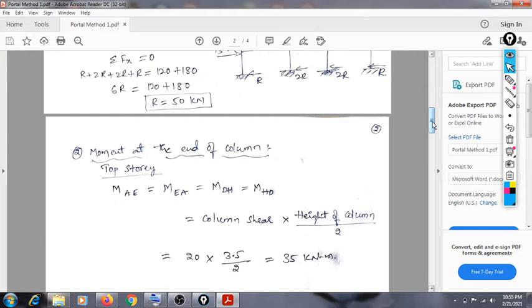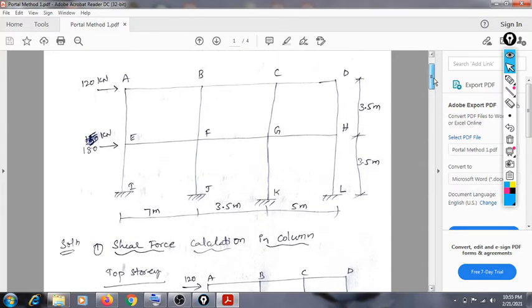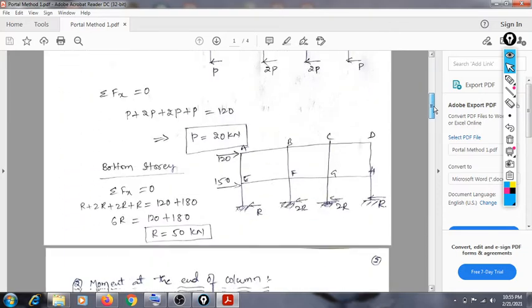So AE and DH are the extreme end columns. When you look at the figure, AE and DH are the extreme end columns, and the moments of these two columns will be equal because the length 3.5 is equal, and also the moment of inertia, since AE and DH have the same dimensions, right?